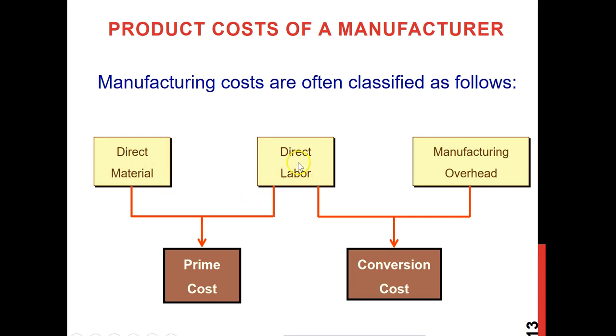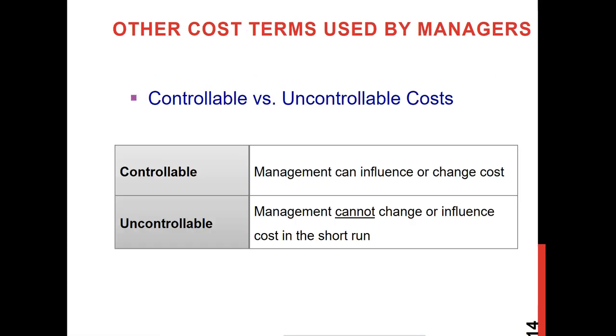On the other hand, when you have these raw materials, this labor force and all of those other overhead-related things are helping you to convert those raw materials into the final product, and that's why labor cost and manufacturing overhead, these two together, we call conversion cost.